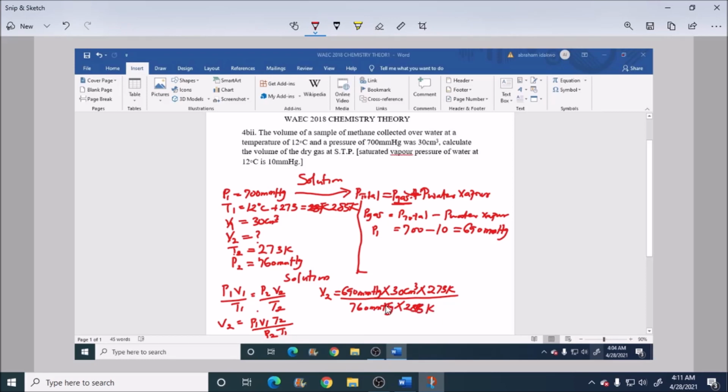Now we use millimeter mercury to cancel millimeter mercury, then Kelvin we cancel Kelvin.